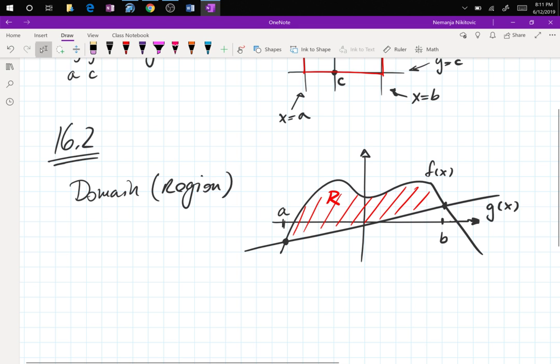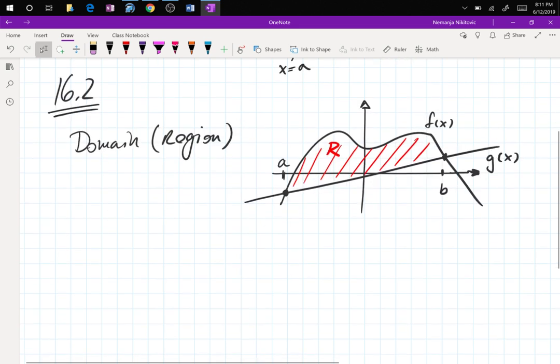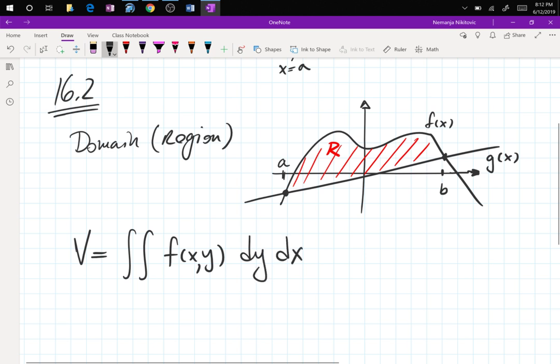and I hope it doesn't take too much brain power to say that the volume in this case will be the double integral of f of x, y. This is the wavy surface that goes on top. And let's say you have dy dx over here. Note that your x is still between a and b.